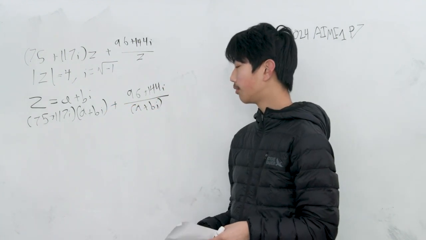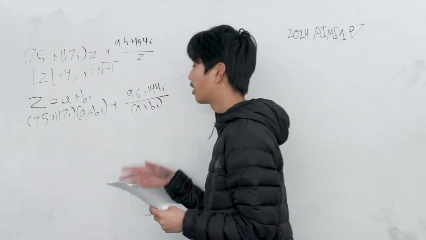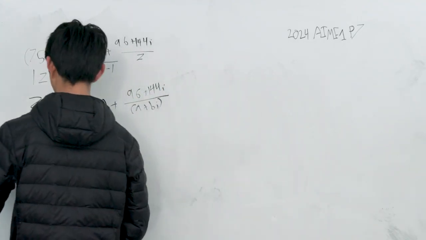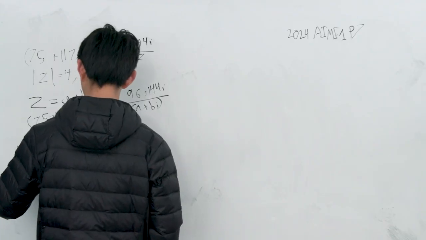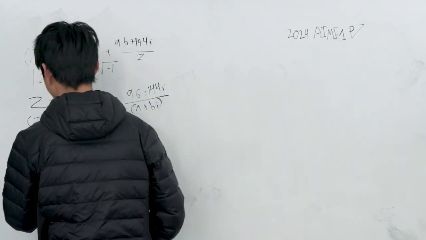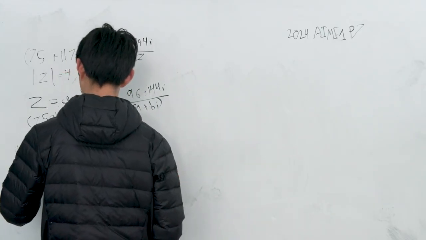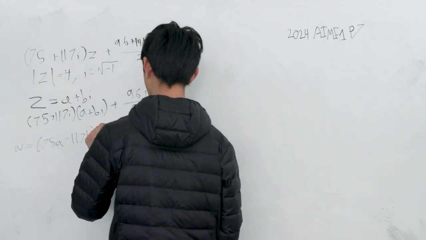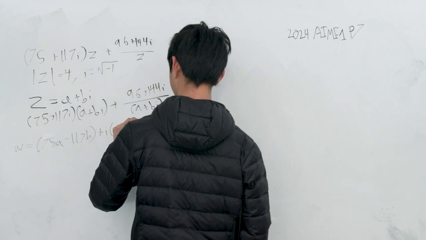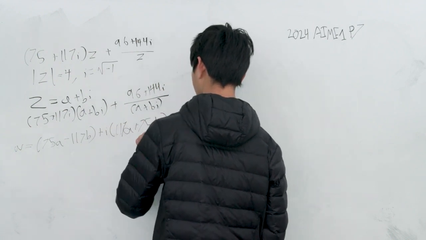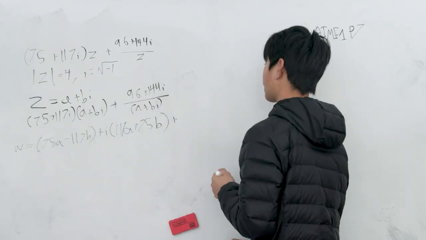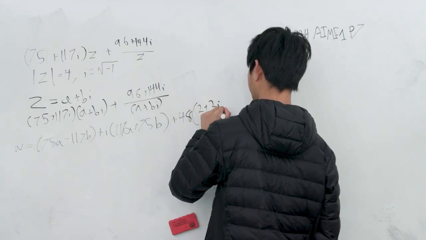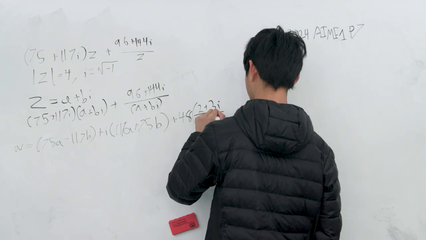We can manipulate this to get, and we can call this complex number w, just to make things simpler. w is equal to 75a minus 117b plus i times (117a plus 75b), and then for this side we can factor out the 48 on the top, so 48 times (2 plus 3i) over (a plus bi).